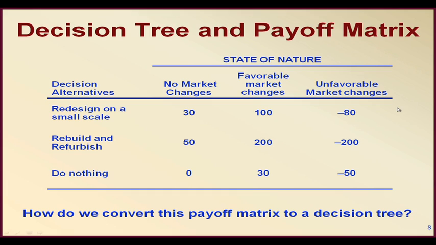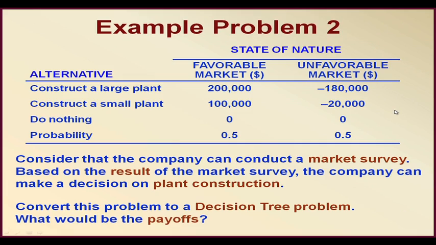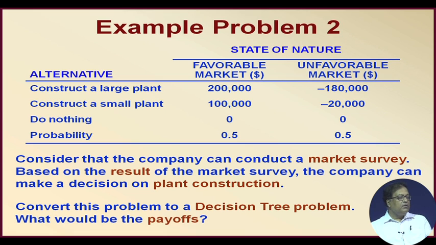So, this is about the decision tree for simple problems, but what will happen if we have a slightly more complicated problem? Let us look at this example problem 2. This is the problem that we have already done, that there are three alternatives: construct a large plant, a small plant and do nothing, and those are the payoffs.